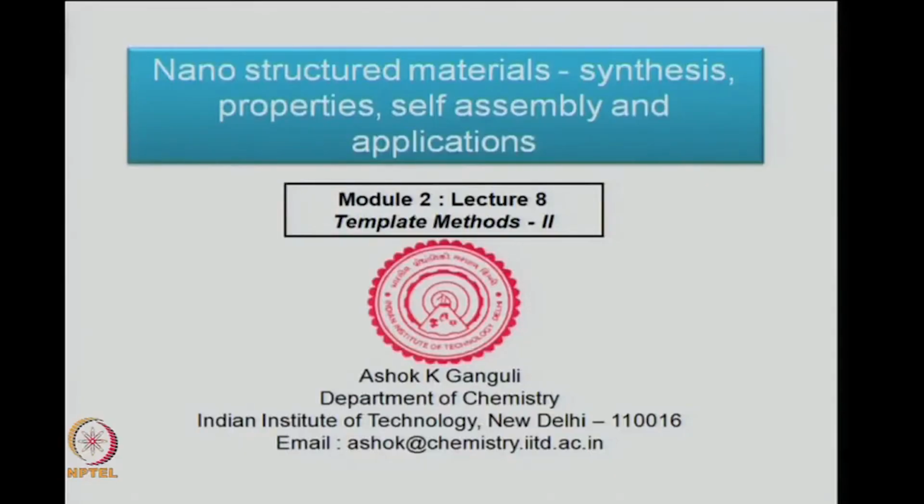In the last lecture, we had started the template methods, part 1, in which we discussed various structures which can be used as templates for the synthesis of nanostructured materials.